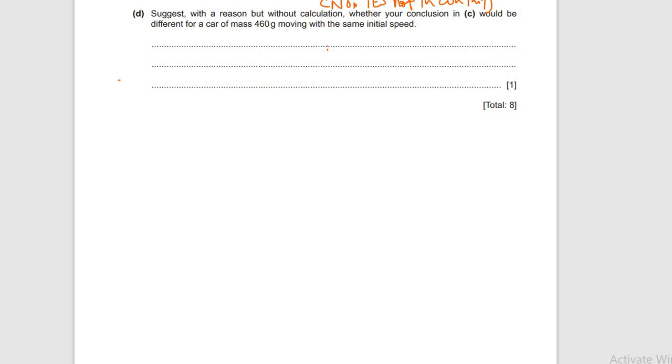Suggest with reason, but without calculation, whether the conclusion in C will be different for a car of mass 160 grams with the same initial speed. If you remember what I did, total energy at X must equal total energy at Y. Potential at X is 0. Kinetic at X, we have half m times 3.8 squared.